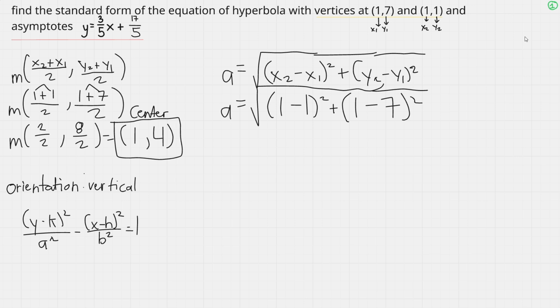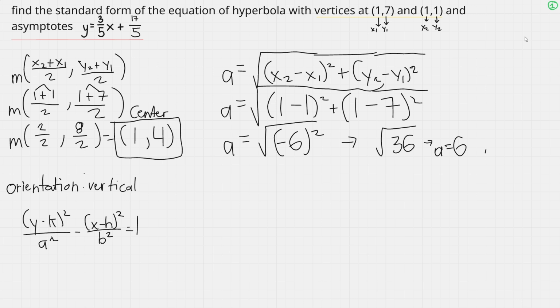So 1 minus 1 will give us 0, so we will not write that. 1 minus 7 will give us negative 6. Now let's simplify. Negative 6 times negative 6 will give us 36. And the square root of 36 will give us 6.